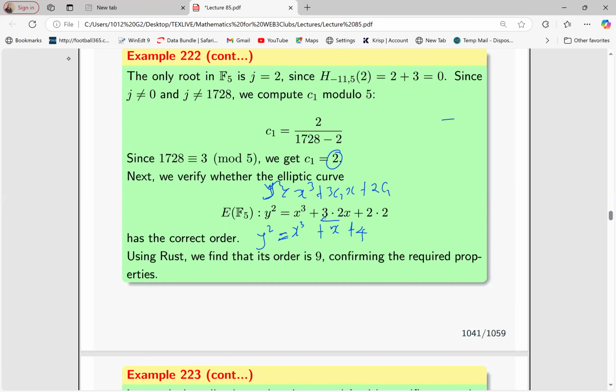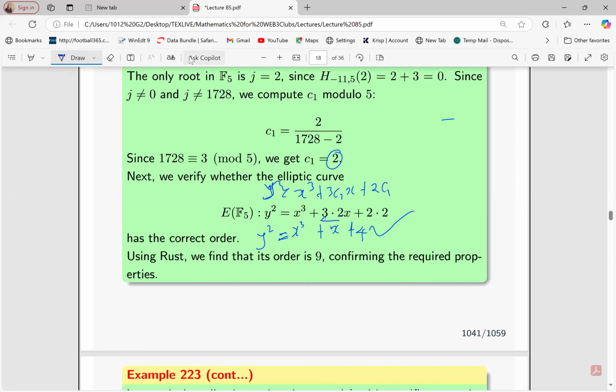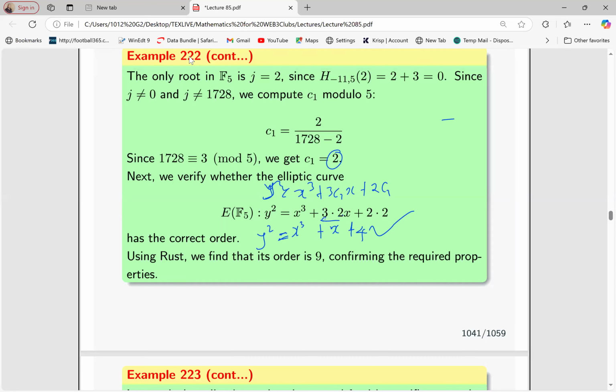Now we use our Rust code and see whether this one has 9 points. I have Rust code for confirming that, or supposing you're dealing with a very big field. See, this is x cubed, A is 1 and B is 4 mod 5.